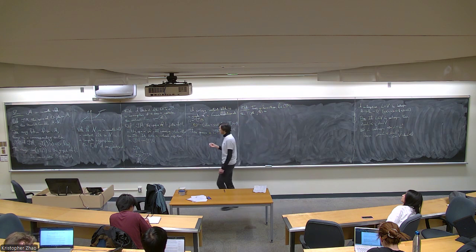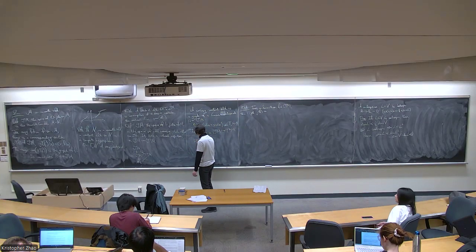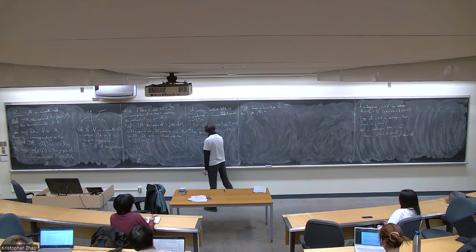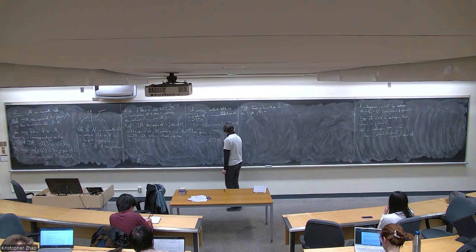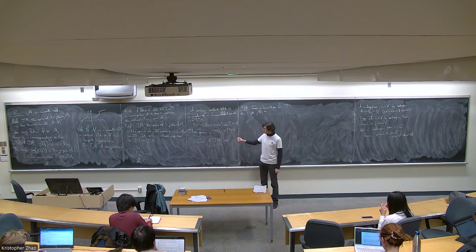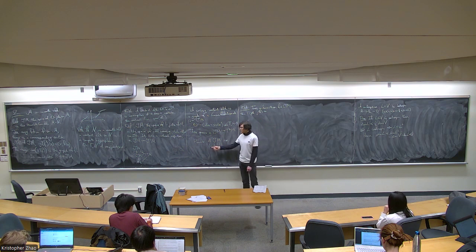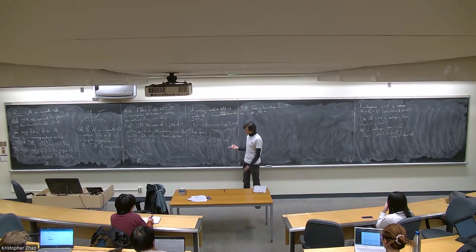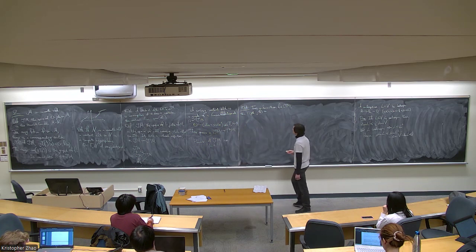I'll refer to points of J1 of M as triples X, U. Those are just coordinates from J0. But now I also have this contact element. I can also refer to them as X, U, P, where P is this slope.